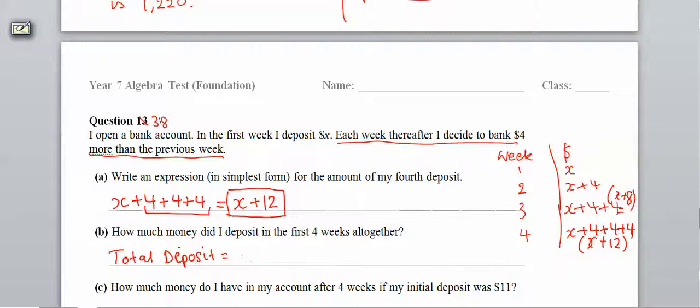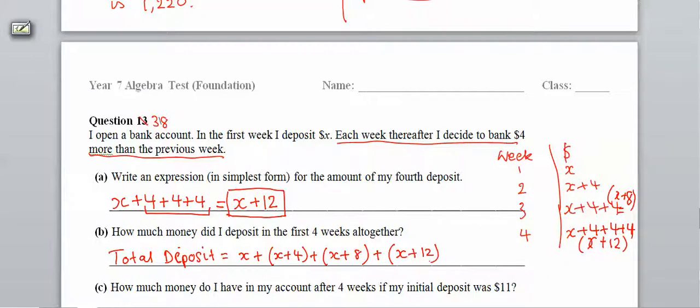So that's our table. So we start with X, and then we want to add X plus 4. We can put that in brackets to start with. So that's week 2. Then we want to add the deposit for week 3, which our simplified version was X plus 8. And then for week 4, which our simplified version was X plus 12.